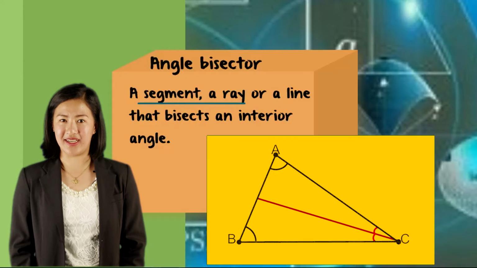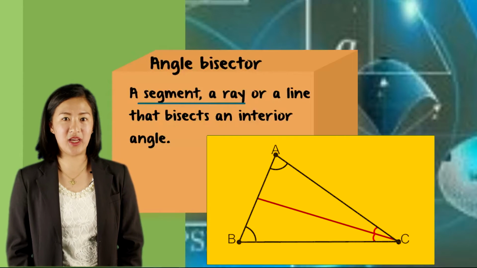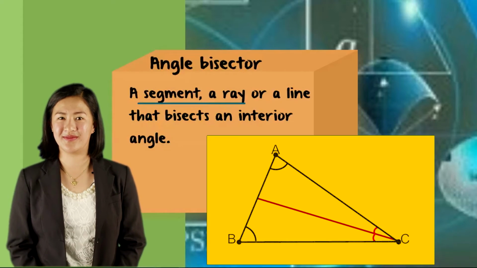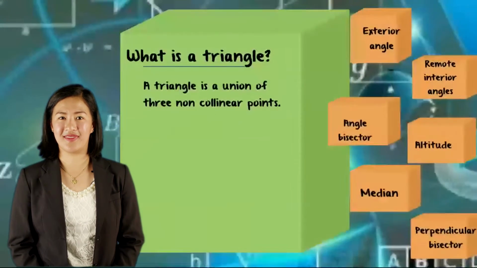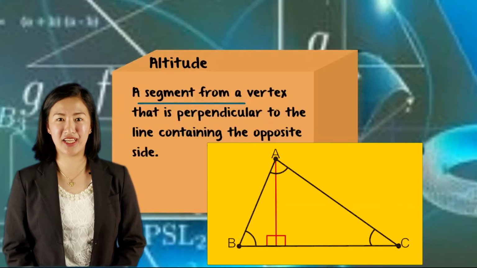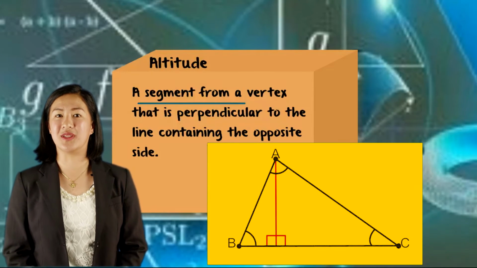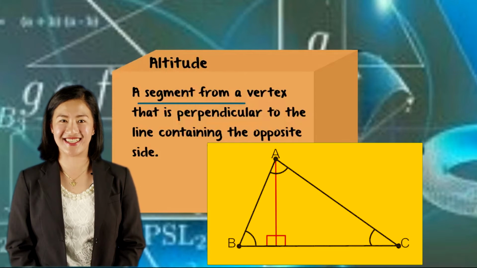Angle bisector is a segment, a ray, or a line that bisects an interior angle. Altitude is a segment from a vertex that is perpendicular to the line containing the opposite side.